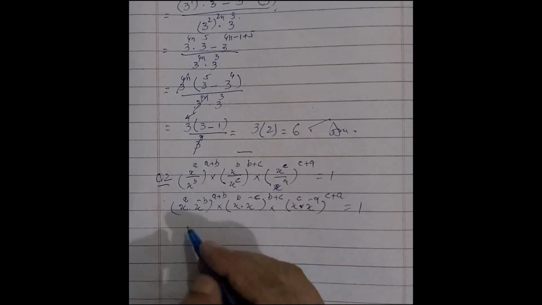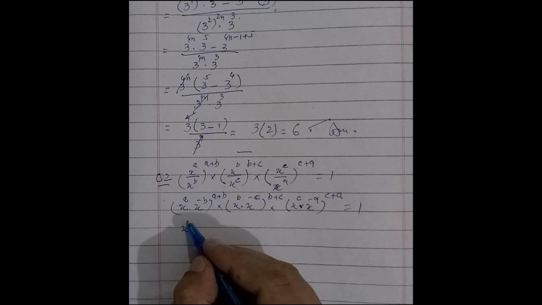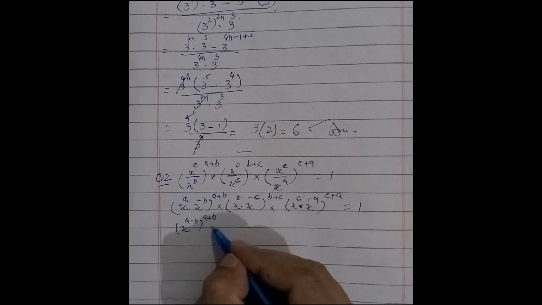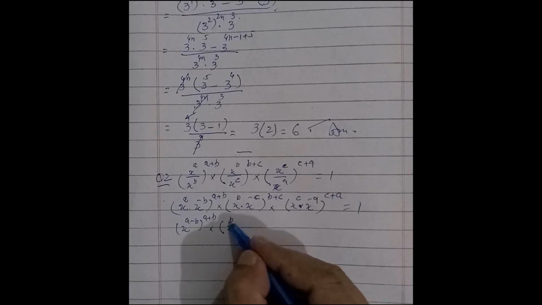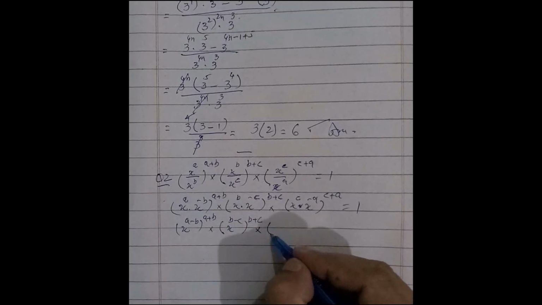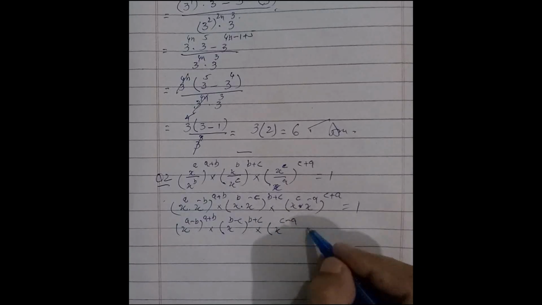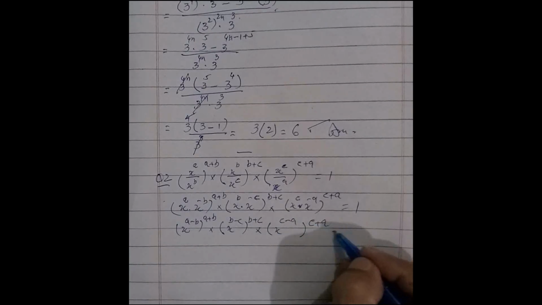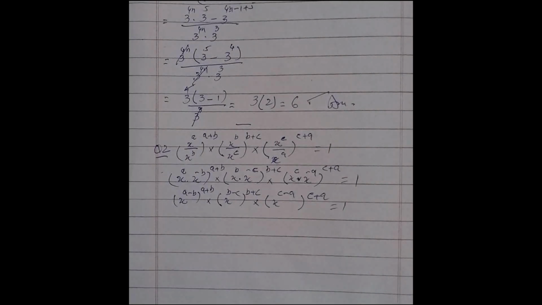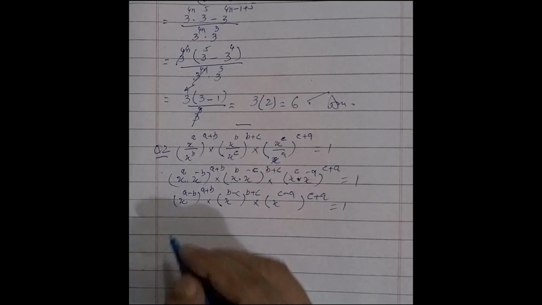Further simplifying these values, we get x power a minus b whole power a plus b into x power b minus c whole power b plus c into x power c minus a whole power c plus a is equal to 1. And we know that in the exponent form, powers multiply each other.